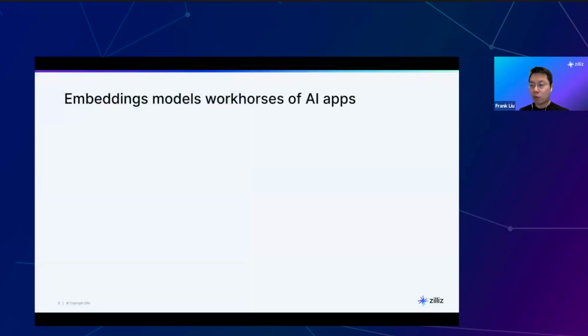If you really think about embedding models, how they relate to large language models and how you can use them inside of a vector database, I think they are really underrated. One of the things I like to tell folks is that embedding models really are workhorses for AI applications. And proof for that is you don't have to look far. It's on Hugging Face.